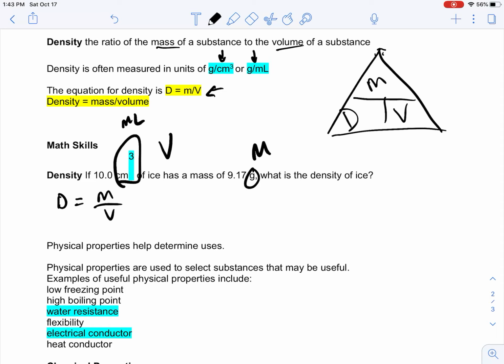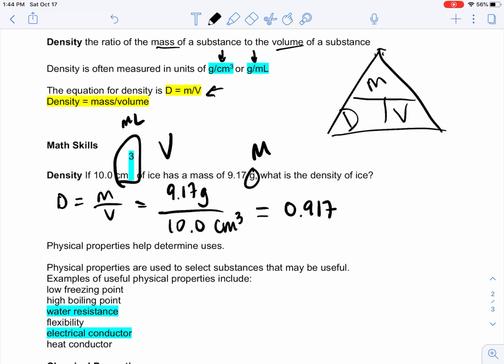So when you plug this in, it's not just as simple as taking the first number and putting it on top. Instead, you have to think which one goes where. In this case, I want the mass on top. So the mass in this problem is 9.17 grams. And then on bottom is the volume of this ice, and it's 10.0 centimeters cubed. You can also write milliliters. It means the exact same thing. And everyone knows that 9.17 divided by 10 is 0.917.